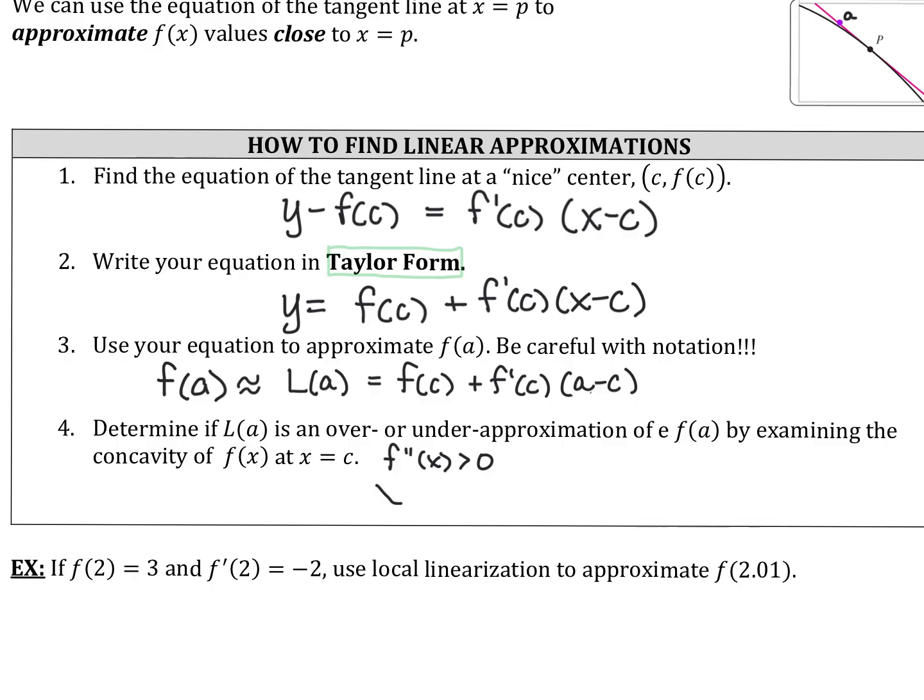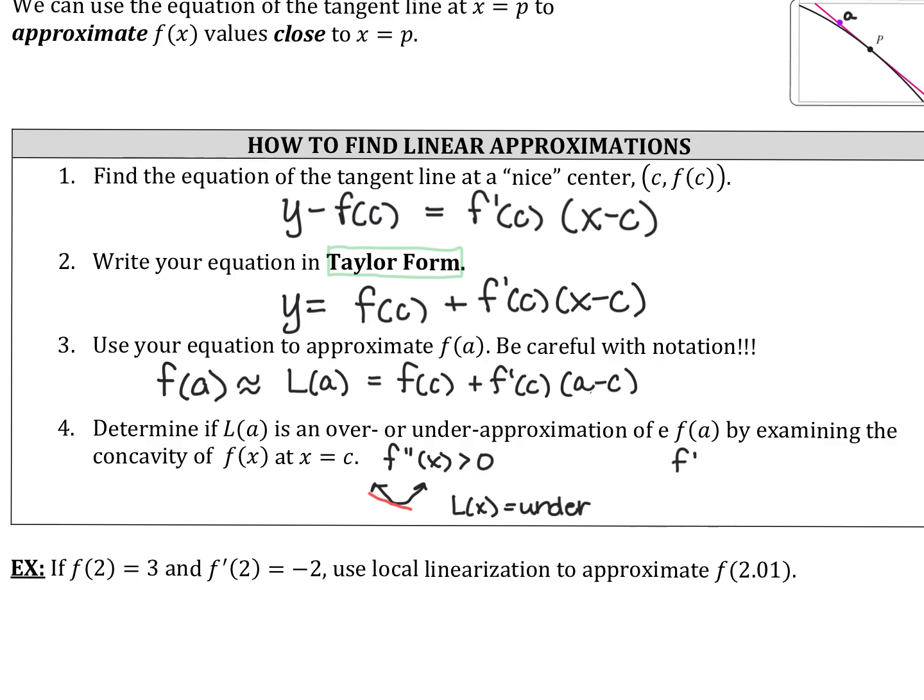If it's concave up, then any tangent line I draw is going to be underneath it, right? So this tangent line, this L of x, will be an under approximation, what we call an under approximation.